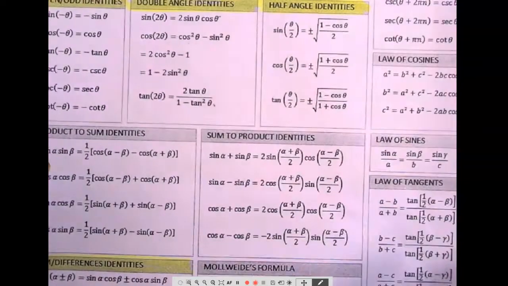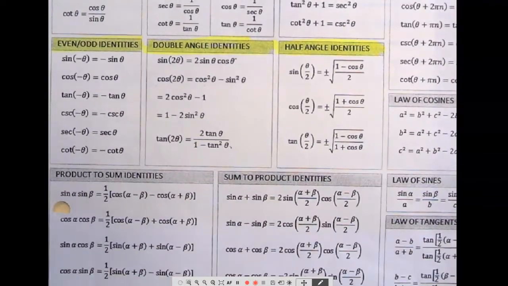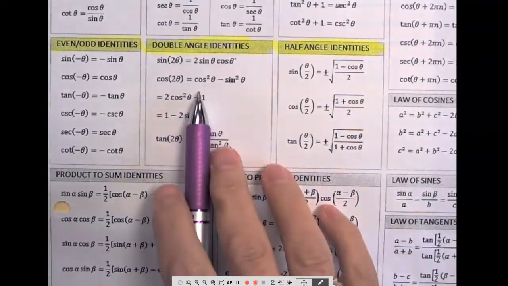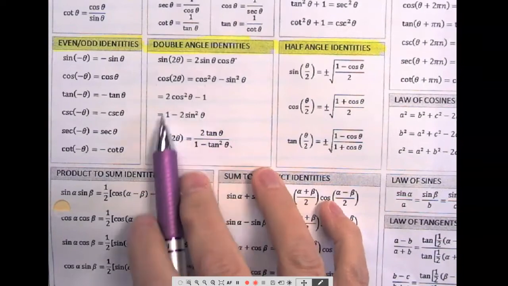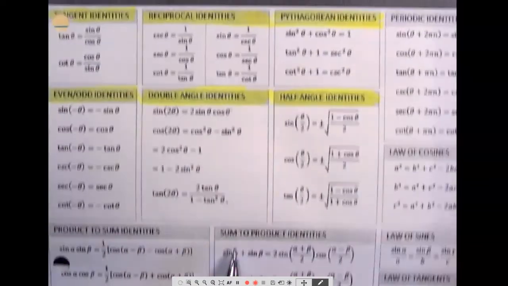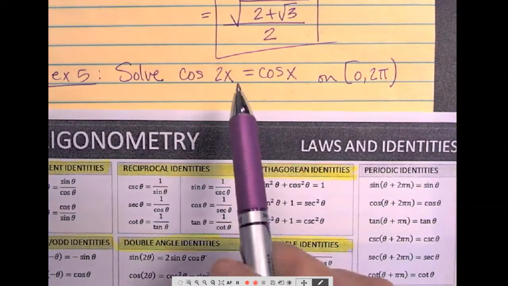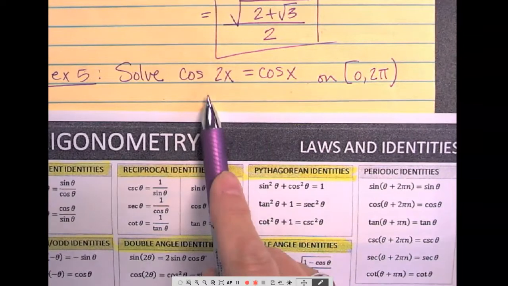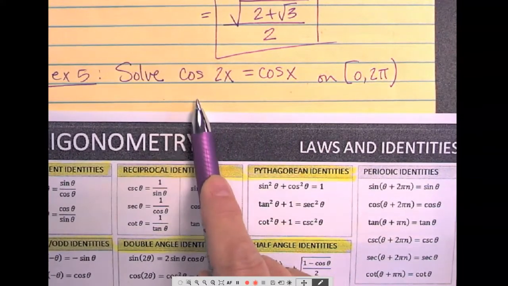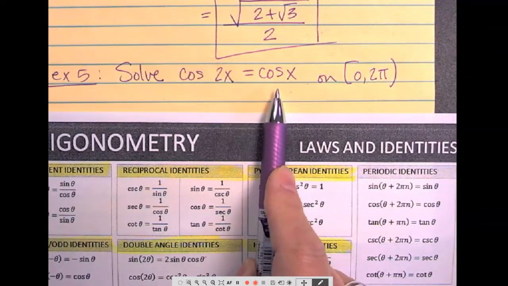Okay, let's look at cosine 2x. This is the one I told you. You have 3 options. We can replace it with that, or that. Doesn't matter. Is one going to be easier than the other two? I think yes, but which one? Okay, so if I use the one with cosine squared and sine squared, then I will have a cosine squared and a sine squared and a cosine.